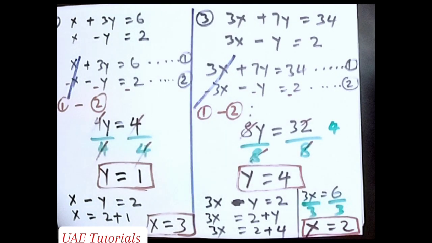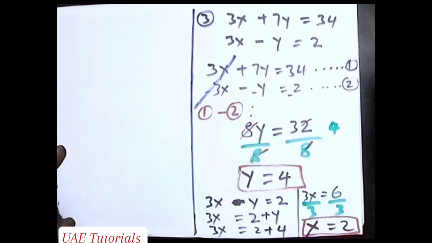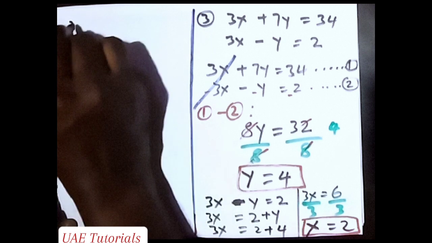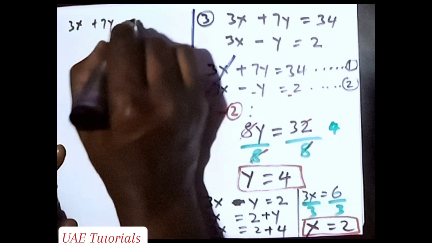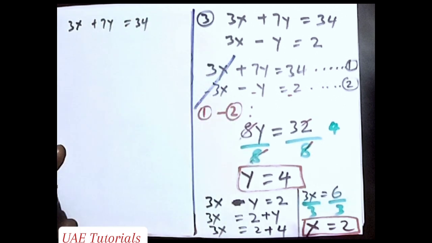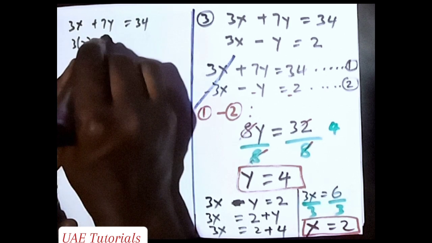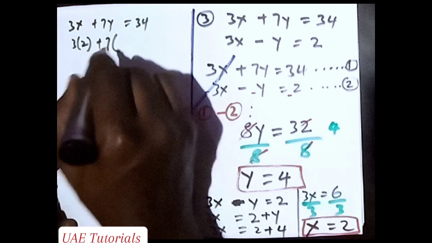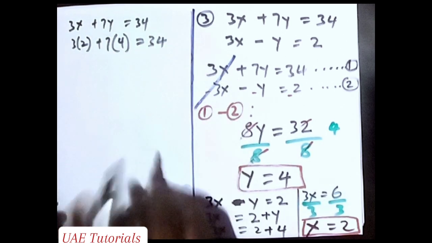Just hang on. So at this point, we want to check. Do these values for y and x satisfy these two original equations? So let's see how that goes. The first equation is 3x plus 7y, we said is equal to 34. Wherever we see x, we put 2. That is 3 times 2 plus 7 times y, which is 4. Does that give us 34?